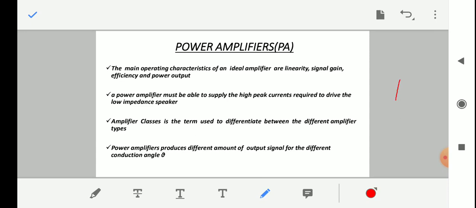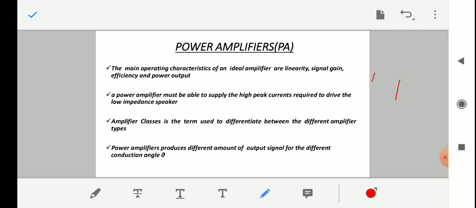As we hear the word power amplifier, our minds start recalling some basic ideas about the amplifier which we have studied in the previous sections, such as BJT amplifiers, small signal analysis, and DC biasing of amplifiers.